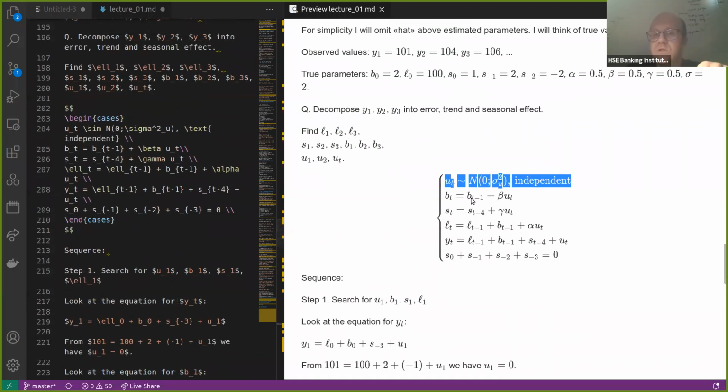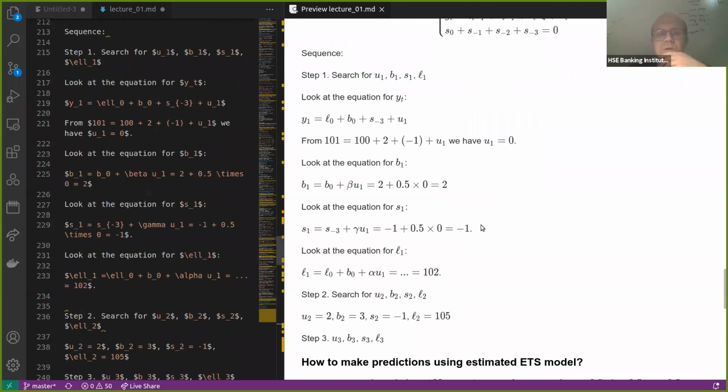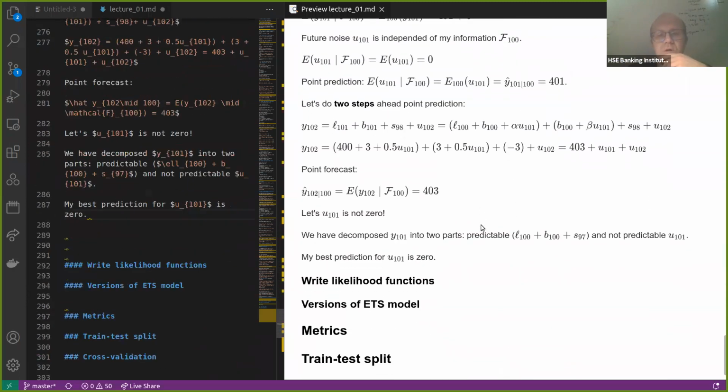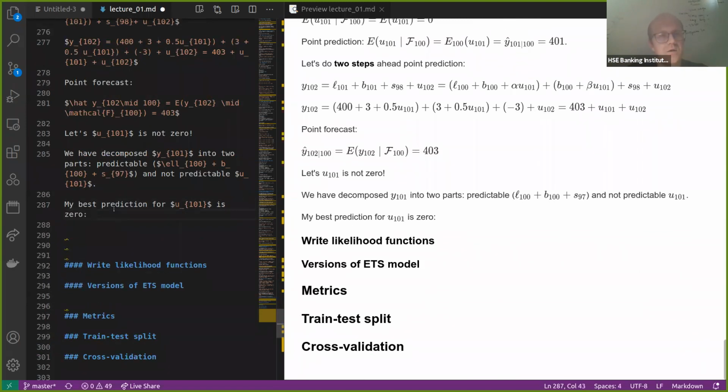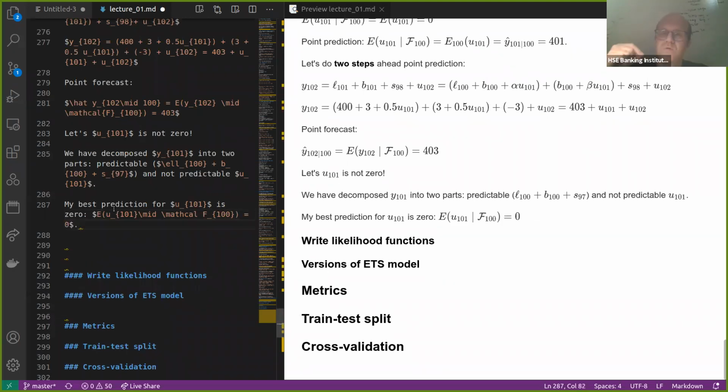I can, using these equations, figure out my prediction for L, for S, for B, but not for U101. So what I say is that the expected value of U101 given all available information up to time 100 is 0, but not U itself.